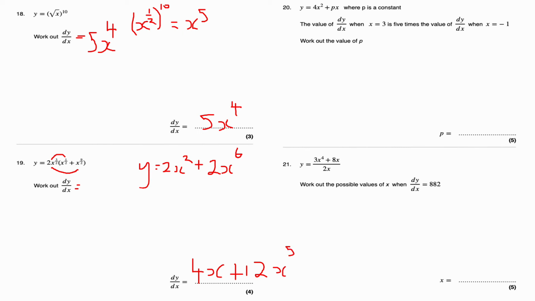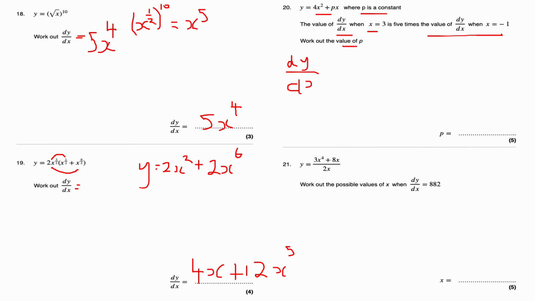Okay, for that. Question number 20, y is equal to 4x squared plus px, where p is a constant. The value of dy by dx when x is 3 is 5 times the value of dy by dx when x is negative 1. Work out the value of p. So we need to differentiate this first. Obviously, I don't know what p is, but it's our job to work out what p is.